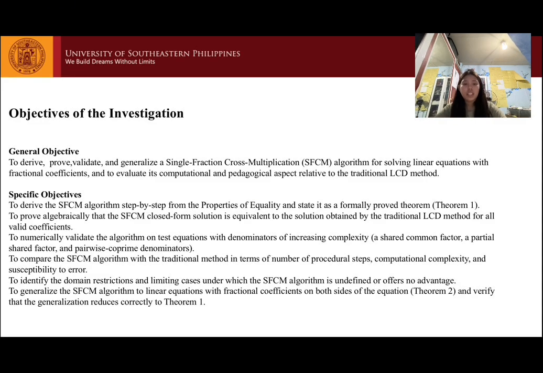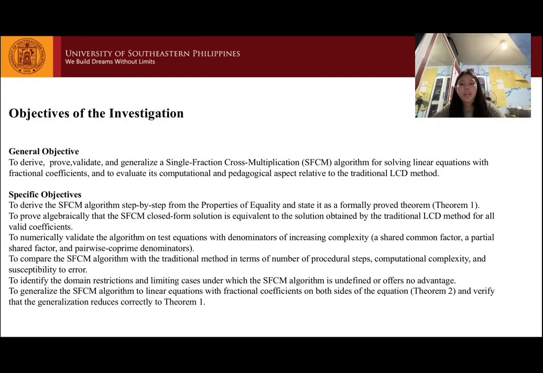So specifically, we aim to derive the algorithm step by step from the properties of equality and establish it as Theorem 1, and also to prove that its solution is algebraically equivalent to the traditional LCD method, and validate the algorithm using numerical test equations with increasing denominator complexity.